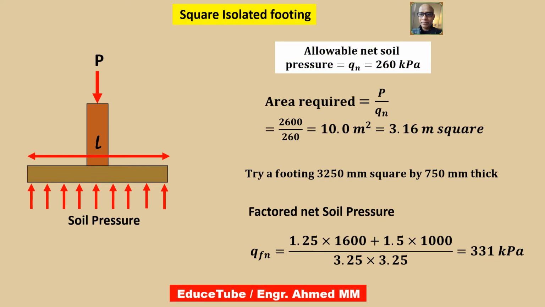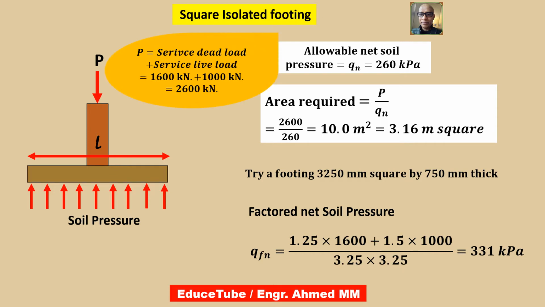First, our concentration is on the allowable net soil pressure. It is Qn equal to 260 kPa. Our next step is to find the area required. How to get that? P divided by Qn. So what's the value of P? It is 2600 kilonewton.